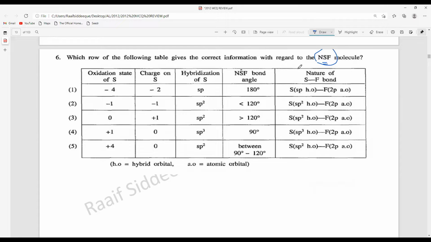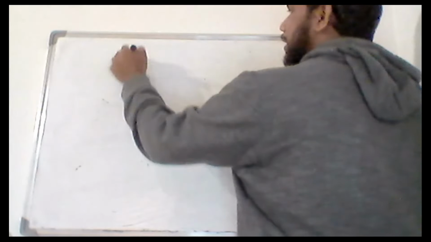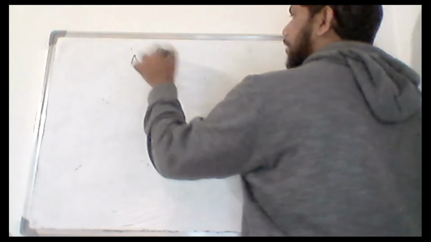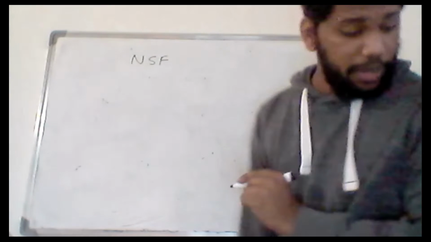The first question for you is, they have given a formula, remember? So you have to draw the structure of this compound, NSF. I will stop sharing again and use the board. The formula as they have given is NSF.